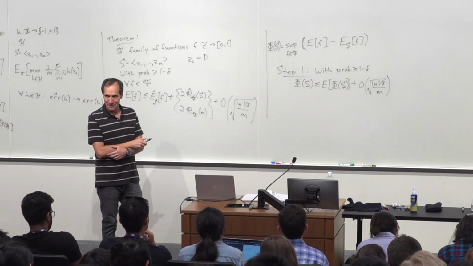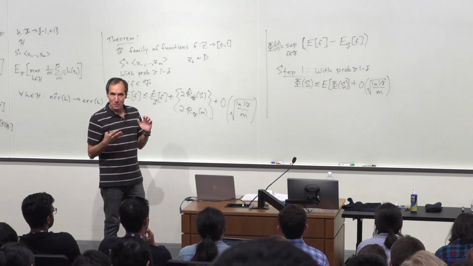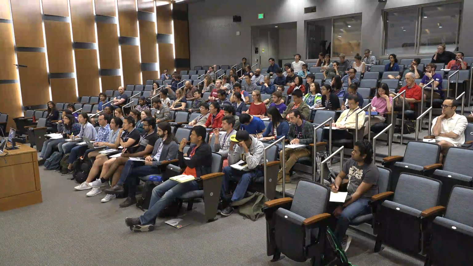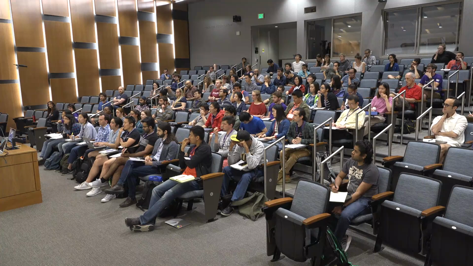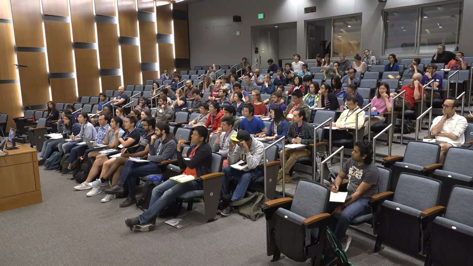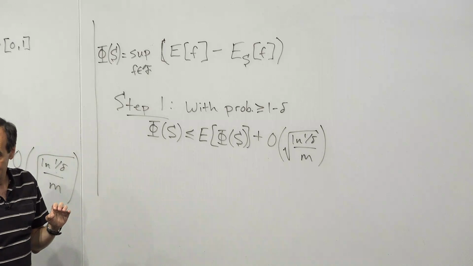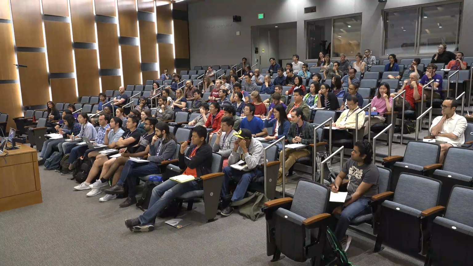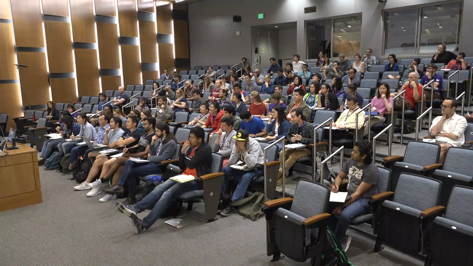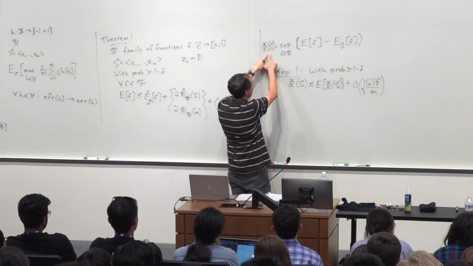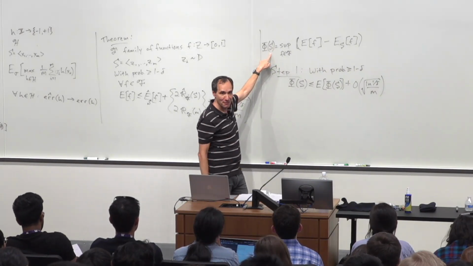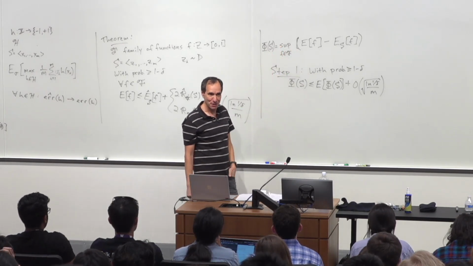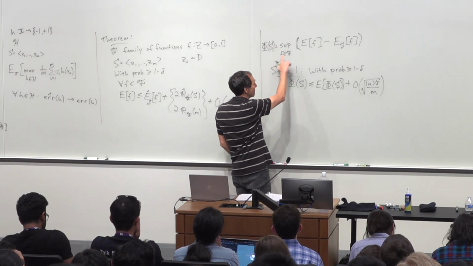How do we prove it? Hoeffding is a good guess. Hoeffding won't quite work because phi of s is like this awful, complicated random variable. Yeah, McDiarmid. We can use McDiarmid. So we can't use Hoeffding, but we can use McDiarmid, because in the end, this is really just a function of the sample s. It's a very complicated, awful-looking function, but it's still just a function of the sample s.